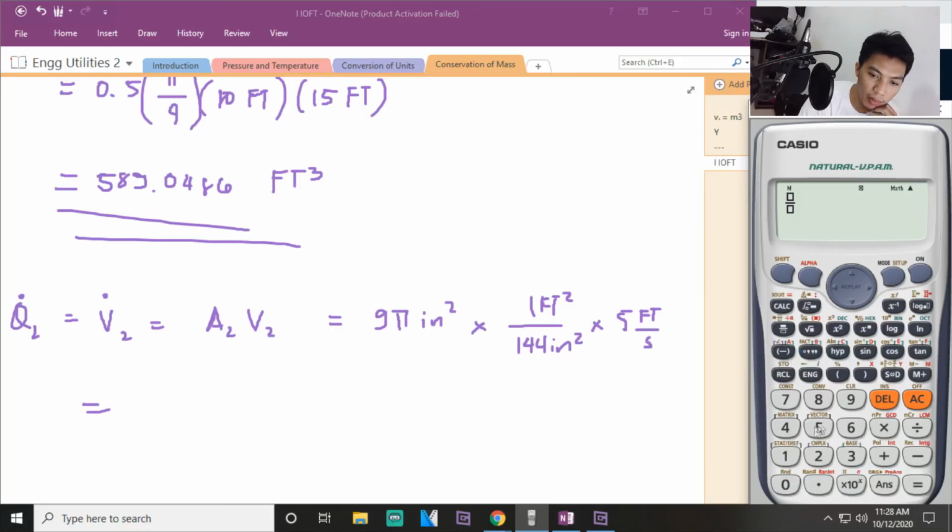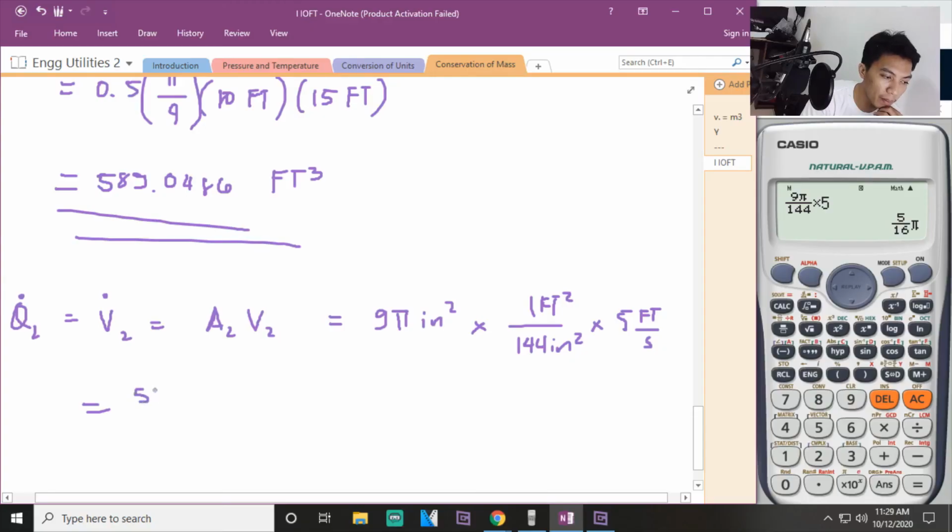So that is 9 shift pi over 144 tapos times 5. I-multiply mo ulit ng mamaya na. Wala natin. 5 over 6, 5 pi over 16. Ano na to? Cubic foot per second. Multiply na lang natin ng 60 seconds per minute.